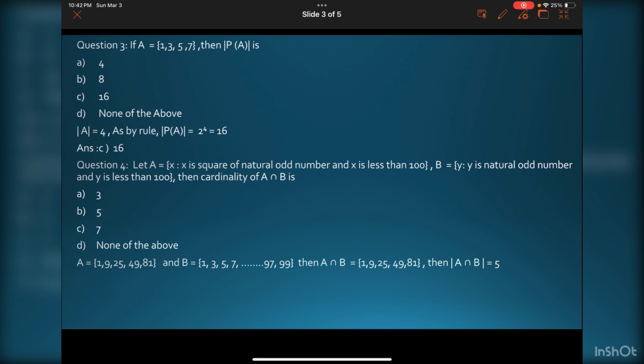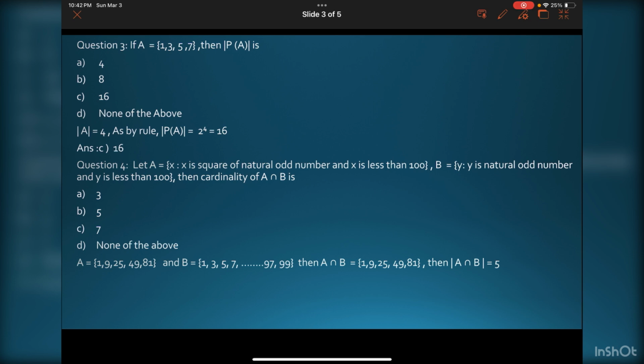Now if you carefully look at set A and set B, set A is also a subset of B, because all the elements of set A are odd natural numbers and also less than 100.